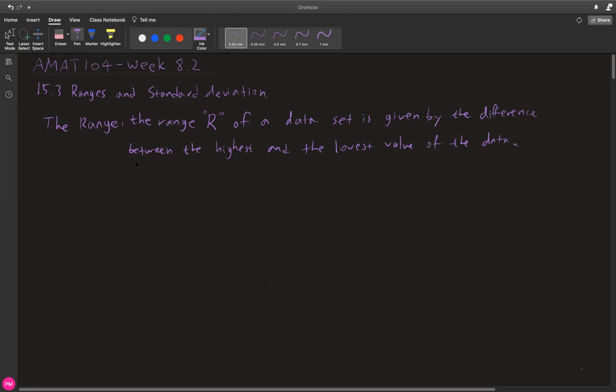So simply put, this means that the range is the difference between the maximum and the minimum.